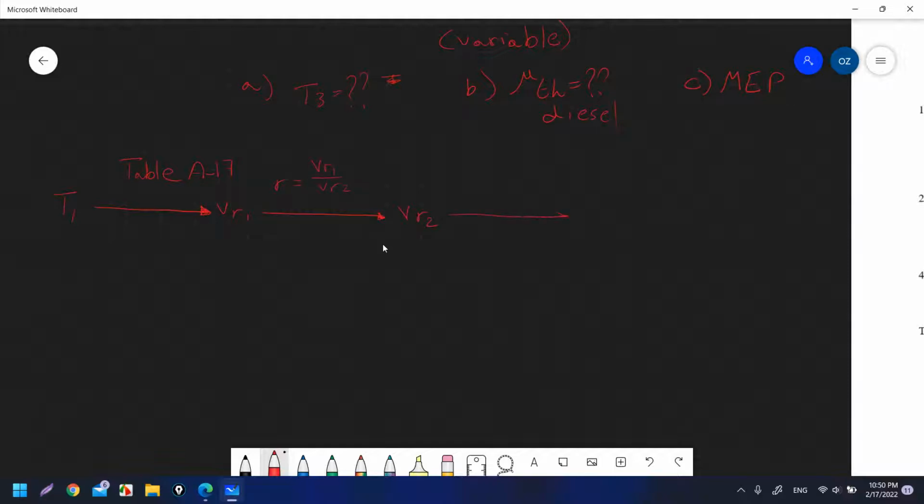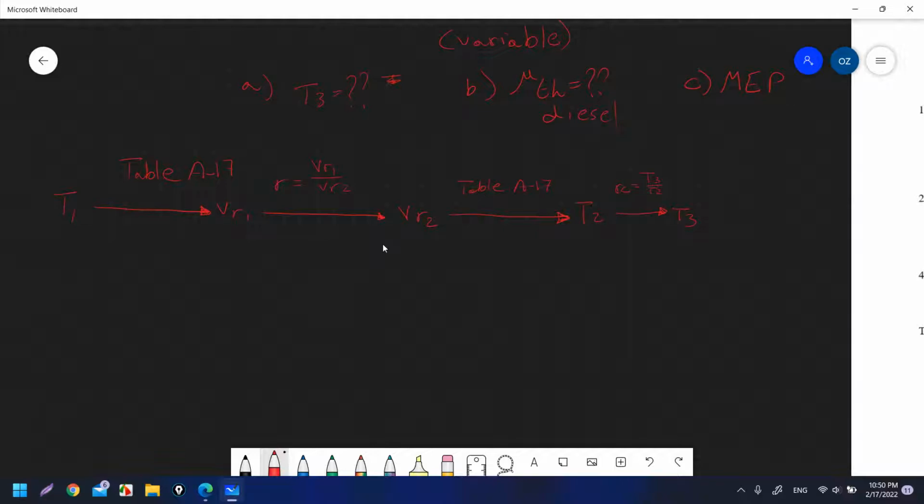From VR2 I can use table A17 to find T2. And from T2 I can use the equation RC equal to T3 over T2 to find T3, and that is for the first requirement.